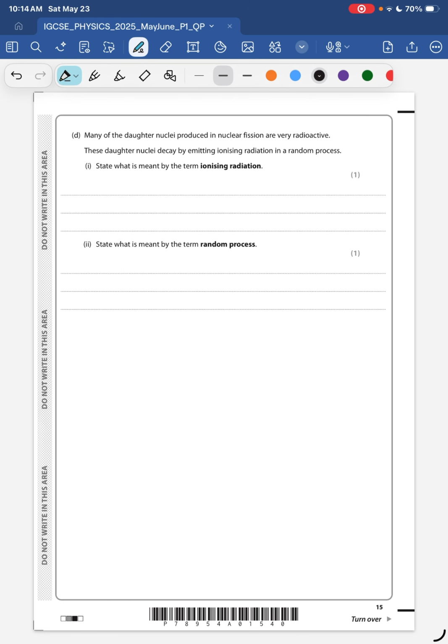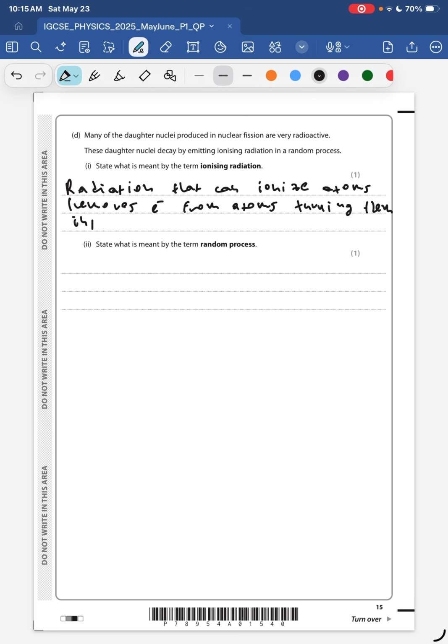So this is radiation that can ionize atoms, which means removes electrons from atoms, turning them into ions, pretty much.